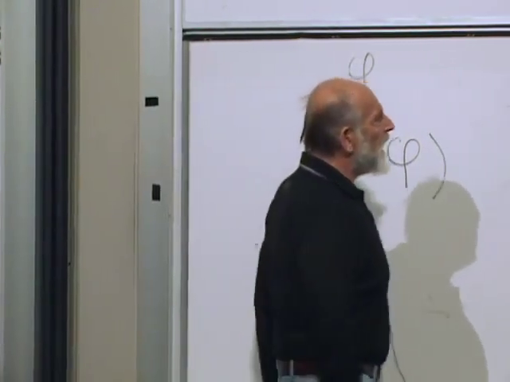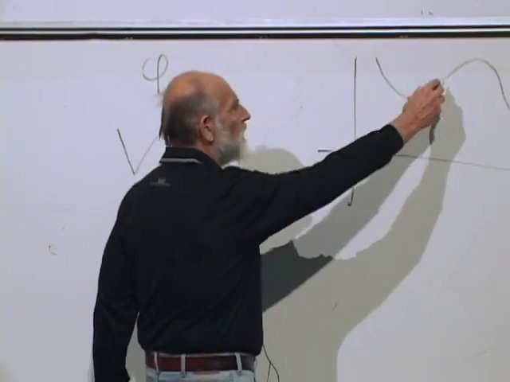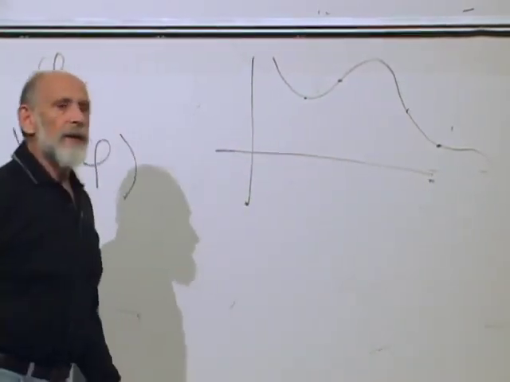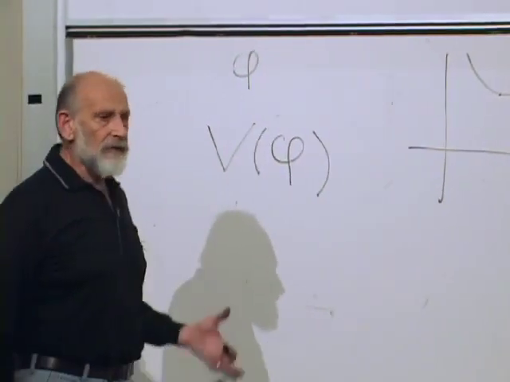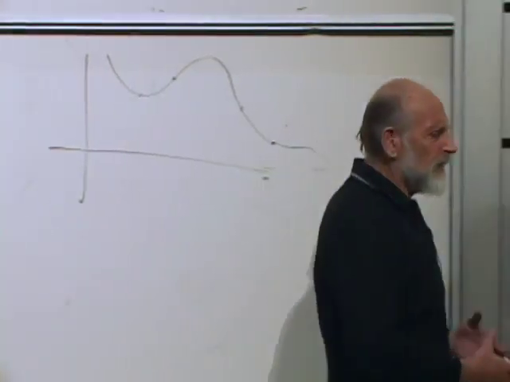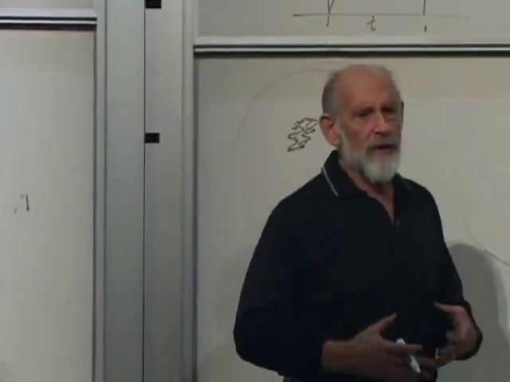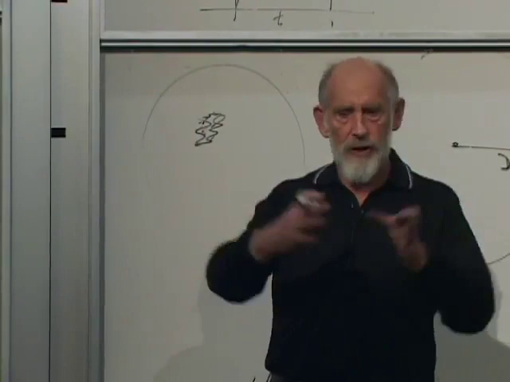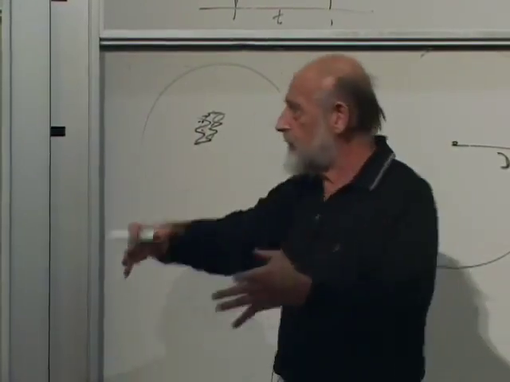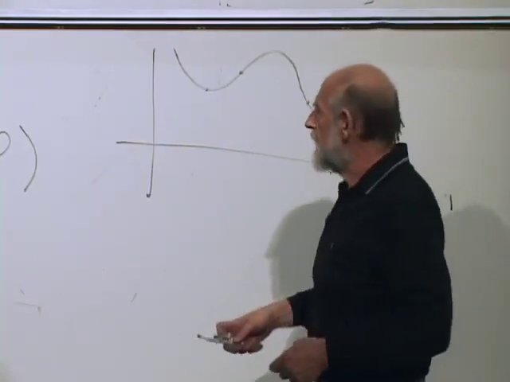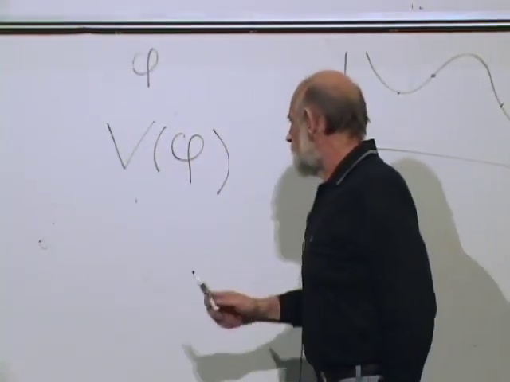Then if phi is one value or another value or another value or another value, the field energy, and it's a kind of vacuum energy, it's a kind of energy that's there not really in the vacuum, but there simply by virtue of having some space in which there is a field which takes on a particular value. It's very similar to vacuum energy, V of phi.